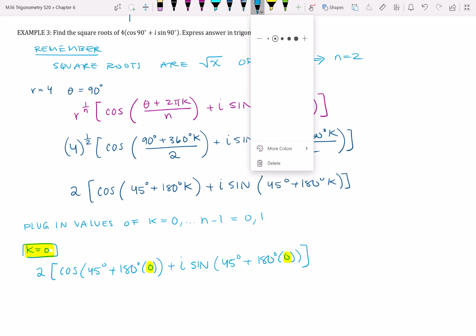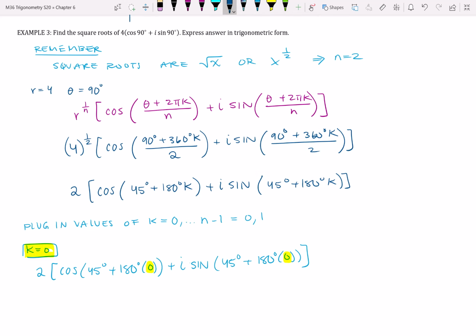All right, so I'm going to simplify this. So I get 2, and then this is just cosine of 45 degrees plus i sine of 45 degrees.